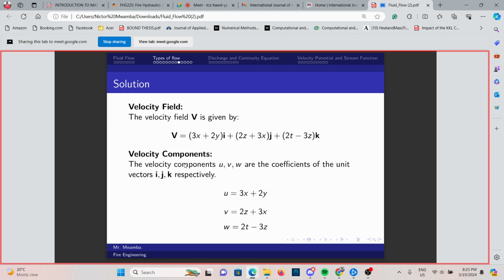So u, the velocity component along x, will be 3x plus 2y, v will be 2z plus 3x, and w will be 2t minus 3z. These are the velocity components. That's how you pick them from the velocity field.